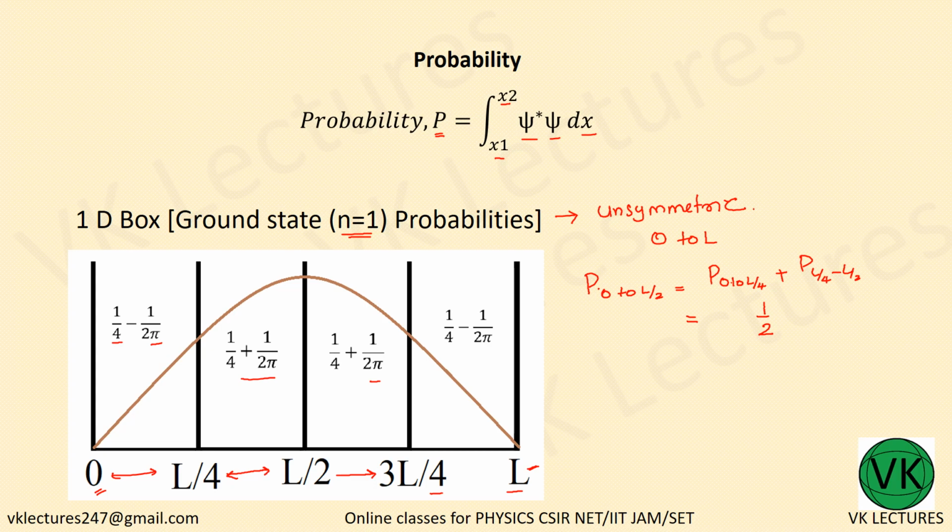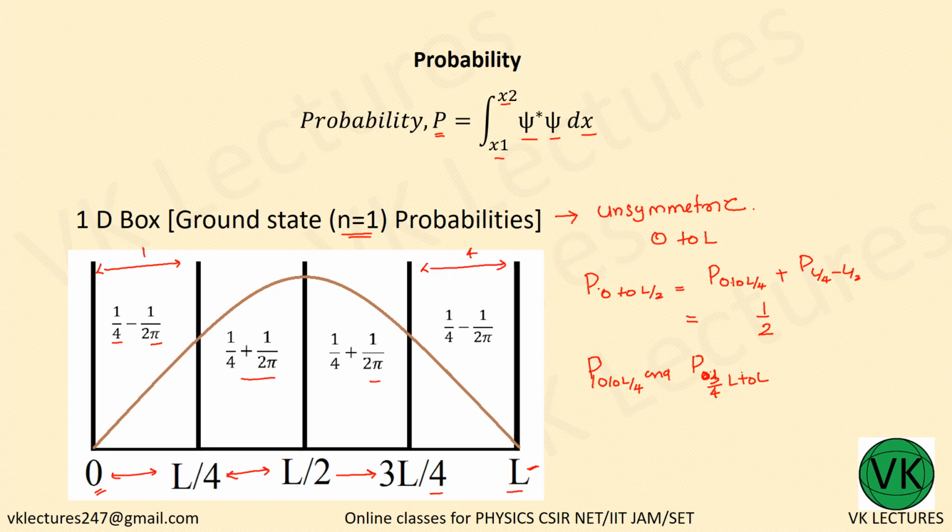You can also get questions like the sum of the probability from 0 to L by 4 and from 3L by 4 to L. That means in this region as well as in this region, the first and the fourth region, what is the probability?